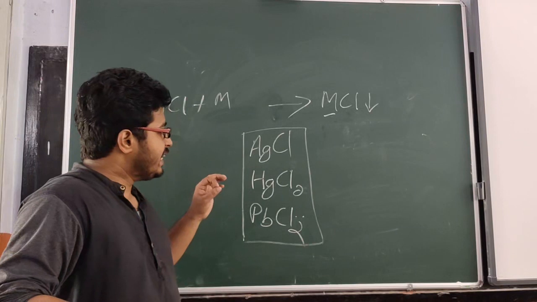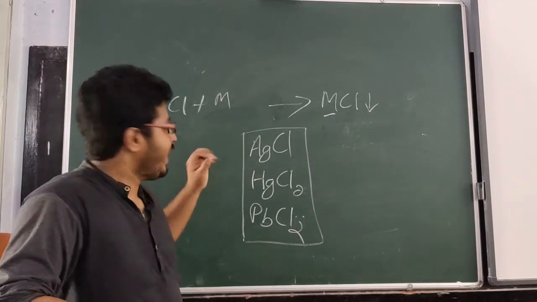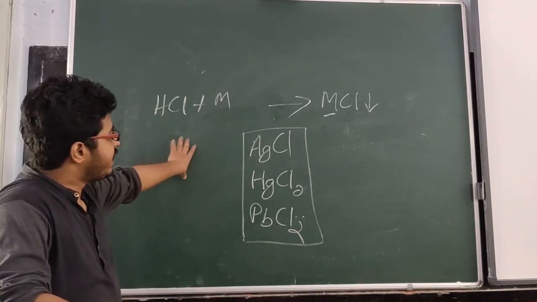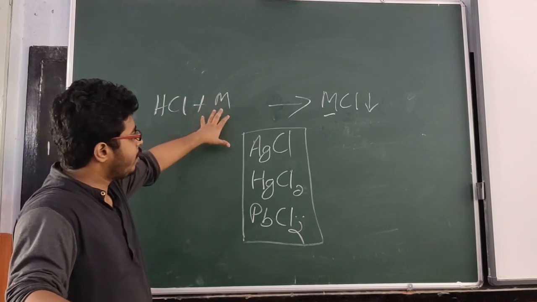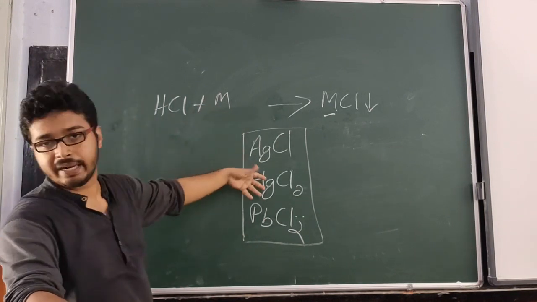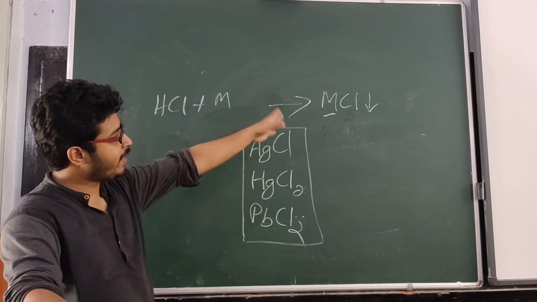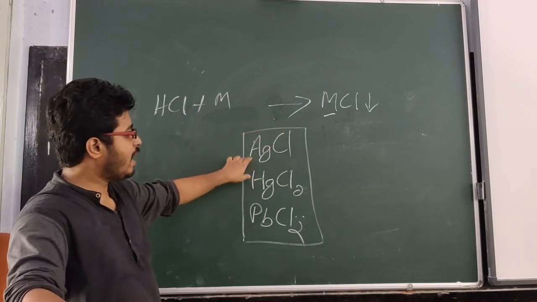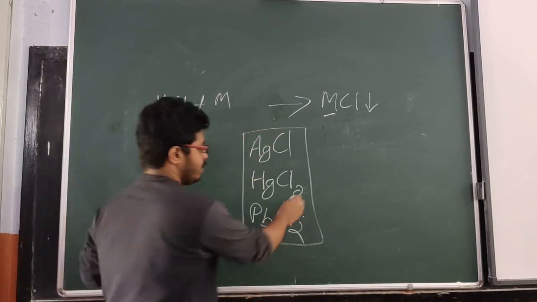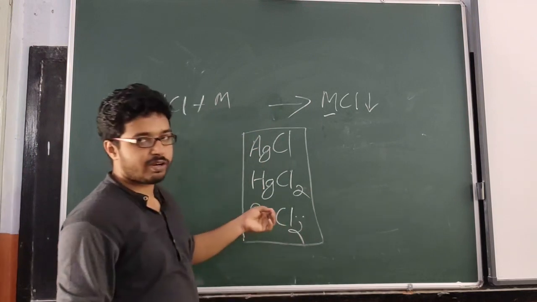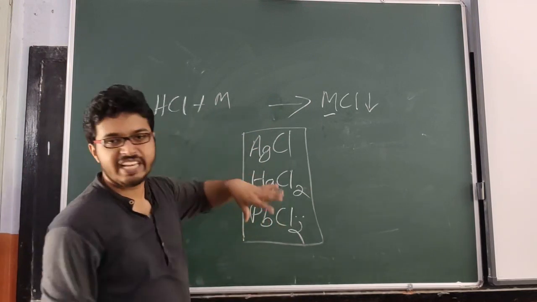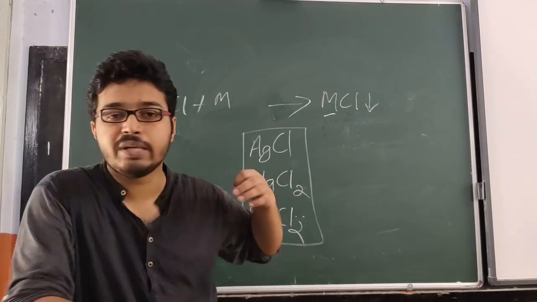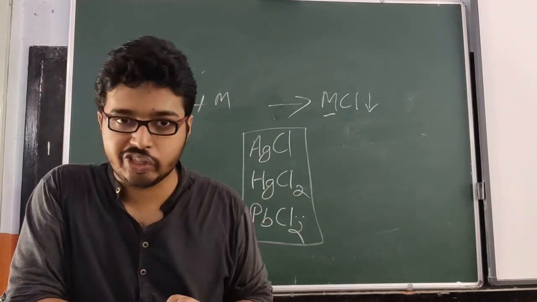So what does this mean? It means that if we are taking a metal compound of any of these three metals, the product will be AgCl, HgCl2 or PbCl2, which will be insoluble in water, or in other words, it will give a precipitation reaction.